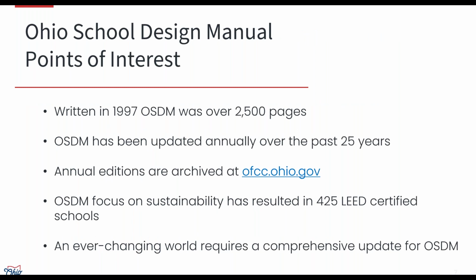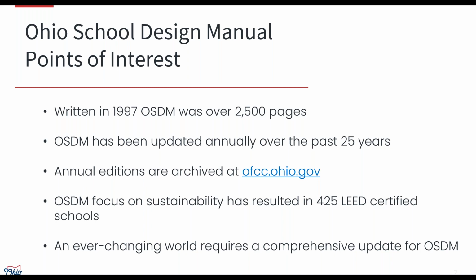As I mentioned, the design manual was written in 1997. We had a lot of talented consultants back then, and many of you probably remember Franklin Brown. This was something that he really enjoyed working on throughout his career. It's been updated the last 25 years with the exception of 1998.